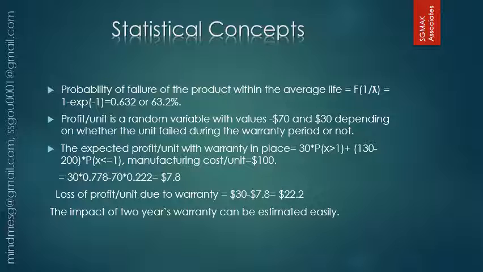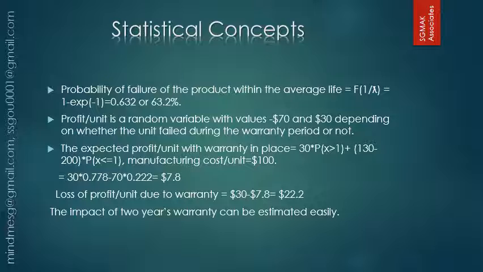So here's an important concept, the term that I've used, expected profit. Expected profit is a long-term average profit. Profit in this case can take only 2 values: $30 with a probability of 0.778, the probability X greater than 1, and minus $70 with a probability of 0.222.